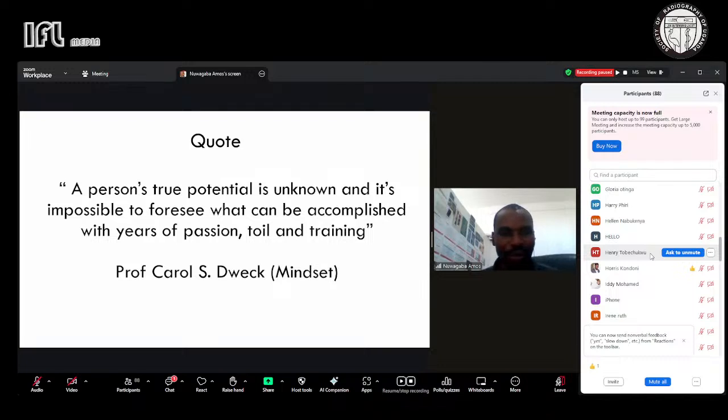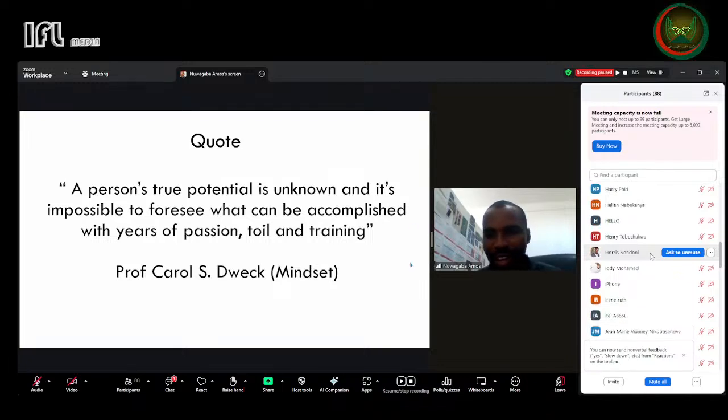I usually want to start with a quote. This is a quote from Professor Carroll. He says that a person's true potential is unknown, and it is impossible to foresee what can be accomplished with years of passion, toil, and training.